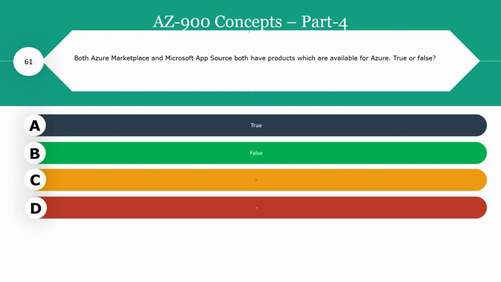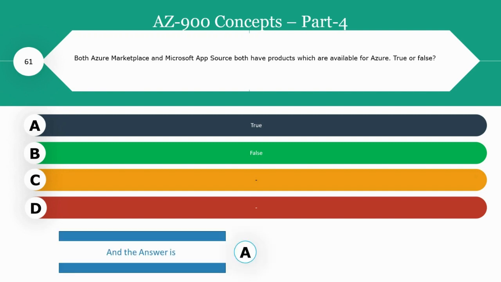And so the Microsoft App Source also does a similar thing, that is for different professionals. And so the right answer for this question is option A, that is true.